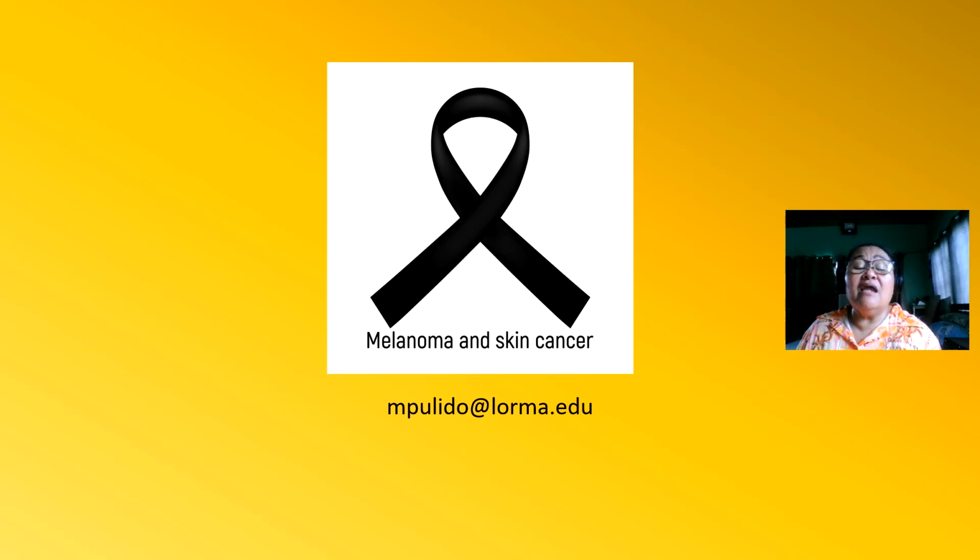So let's begin by reviewing the normal anatomy and physiology of the skin, as understanding the normal structure and function of the skin provides the foundation for understanding how skin cancer develops.